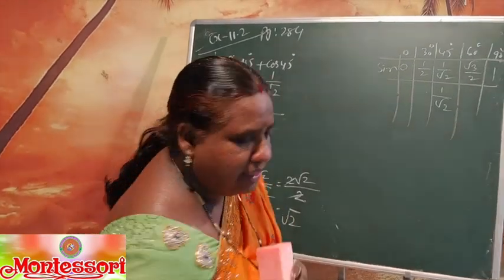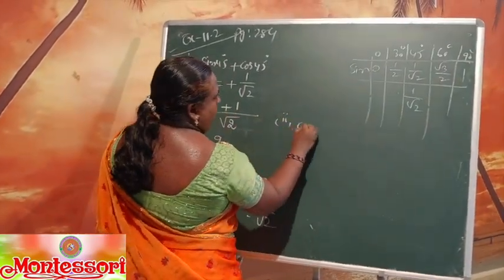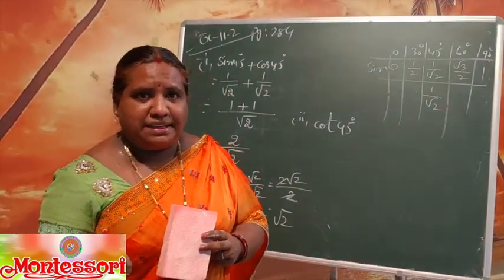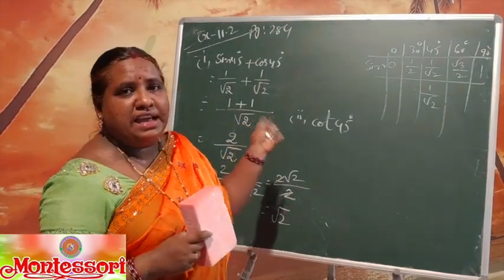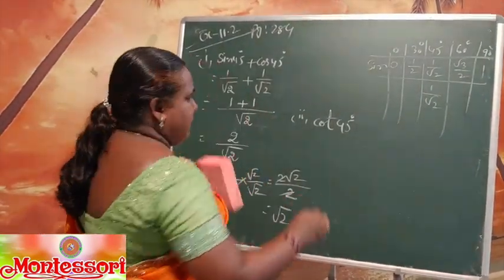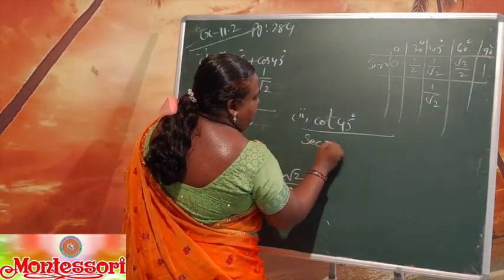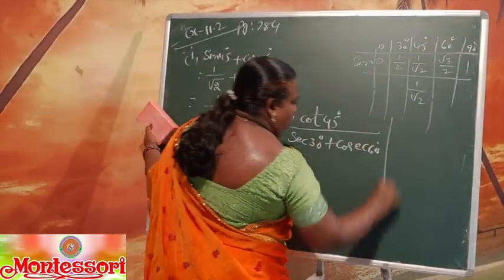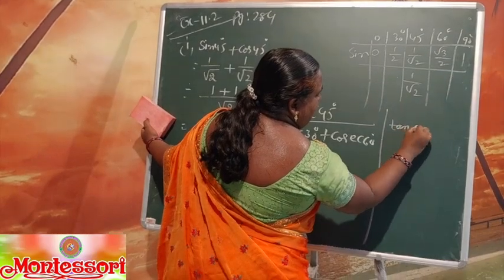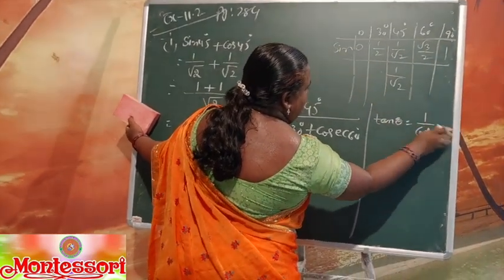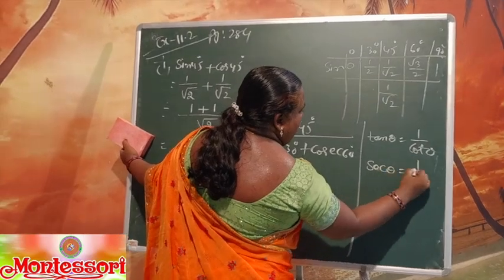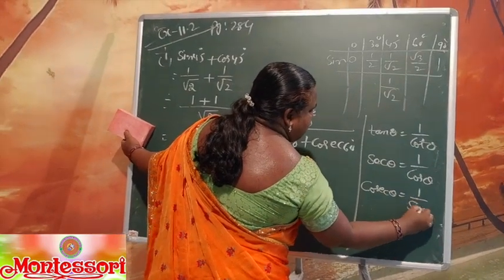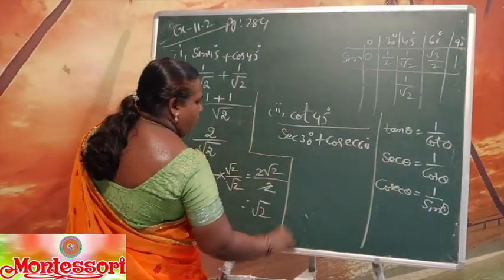And now the second sum is cot 45 by sec 30 plus cosec 60. What is the multiplicative ratio of tan? It is nothing but cot. So if you reverse the tan value, cot 45 will come. You all know that tan theta is equal to 1 by cot theta, multiplicative, sec theta is equal to 1 by cos theta, and cosecant theta is equal to 1 by sin theta.